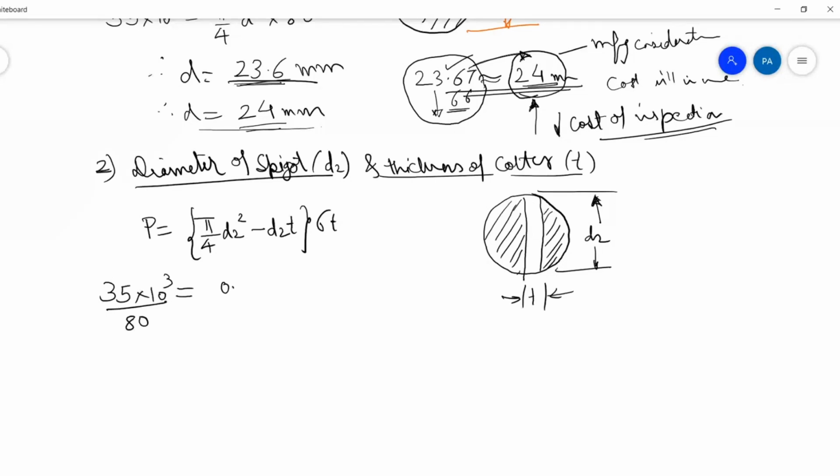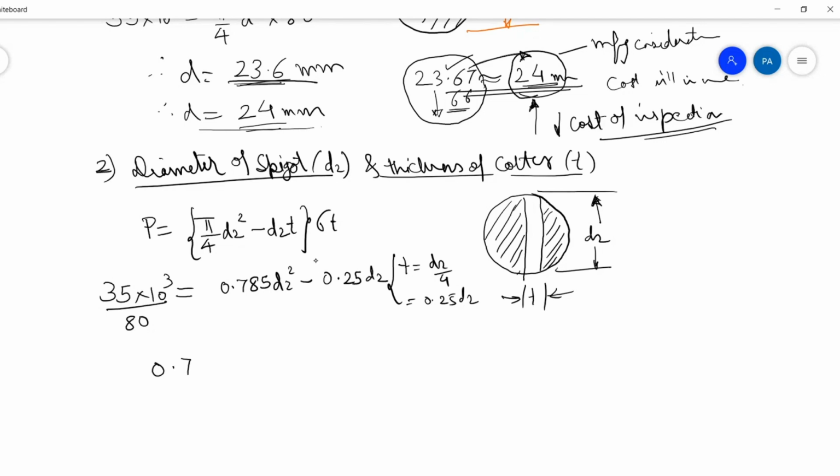Pi by 4 is 0.785 D2 square minus, I will write here, T is equal to D2 by 4, that is equal to 0.25 D2. So I can write minus 0.25 D2. Now this is the quadratic equation.